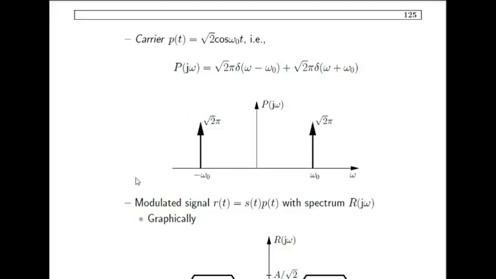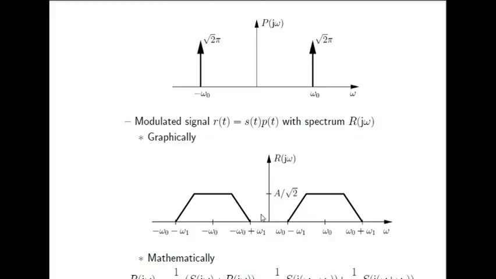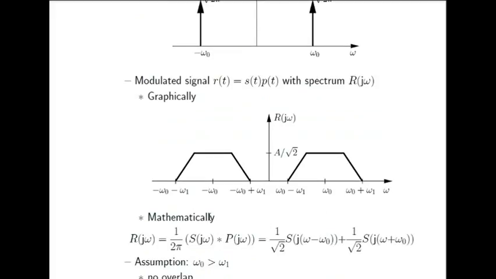So the modulated signal r(t) with spectrum R(j omega) will look like this. Mathematically, it will be 1 upon root 2 S(j(omega minus omega naught)) plus 1 upon root 2 S(j(omega plus omega naught)).